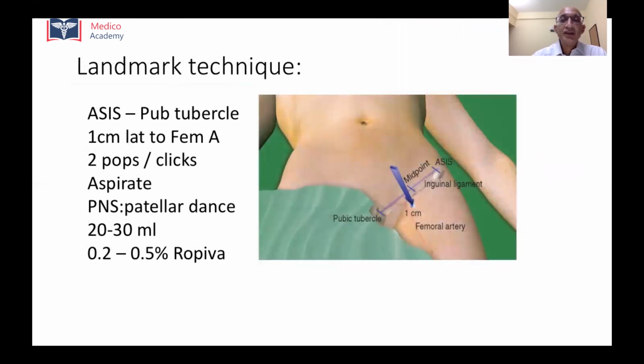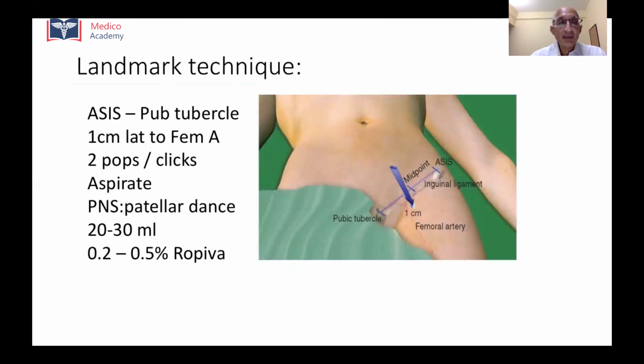The landmark technique to do femoral nerve block is that we again draw a line from ASIS to the pubic tubercle, and on this line or just under it, we go 1 centimeter lateral to the femoral arterial pulse. The needle feels 2 pops as it goes through the 2 fascial layers. We aspirate, check for any accidental intravascular placement.